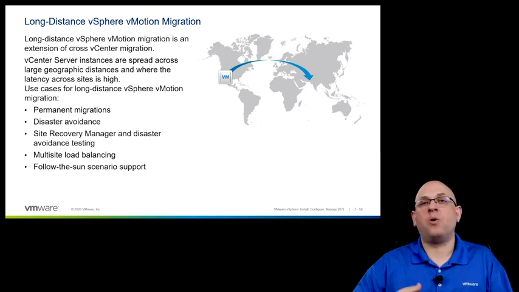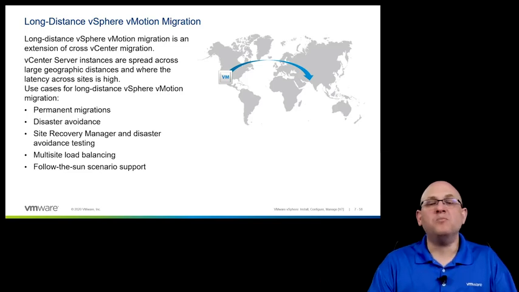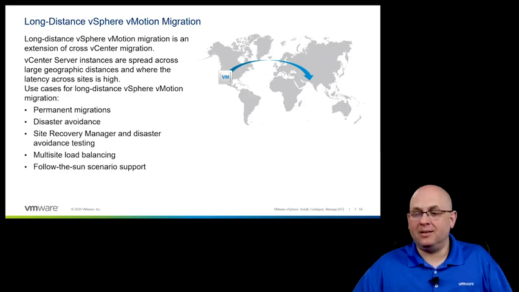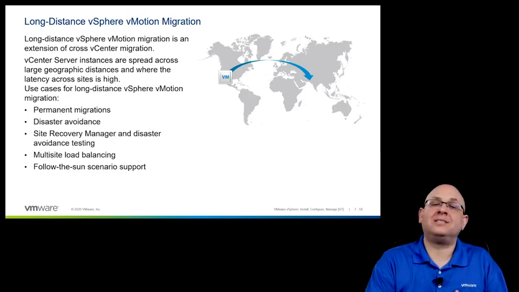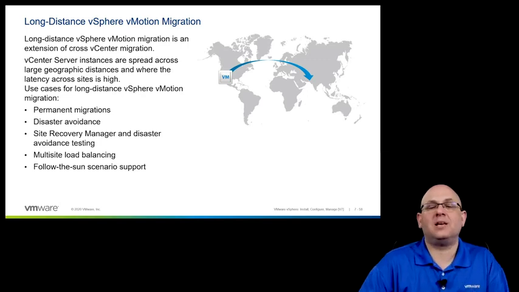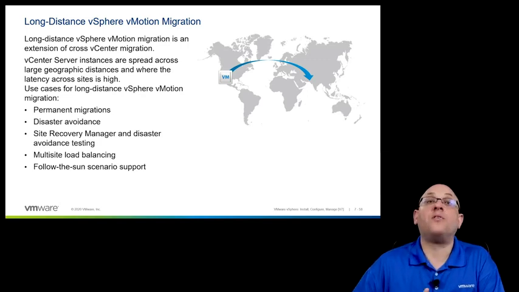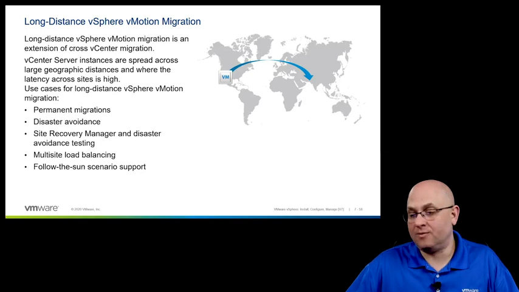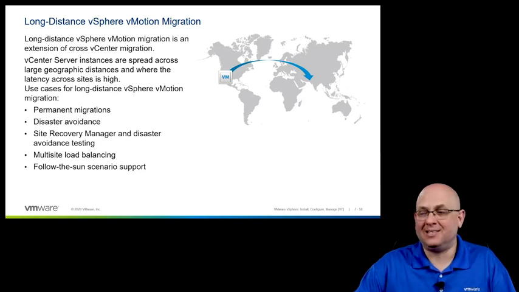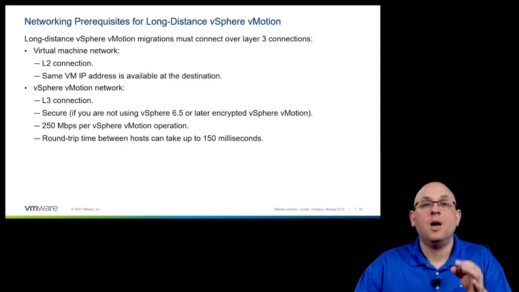I can just migrate my workloads from source to destination, right? If I want to move my data centers, if I want to do multi-site load balancing, if I want to do disaster avoidance, moving all of my virtual machines from one data center to another data center that's out of harm's way of a natural disaster, for example, okay? Lots of different use cases for long-distance vMotion.